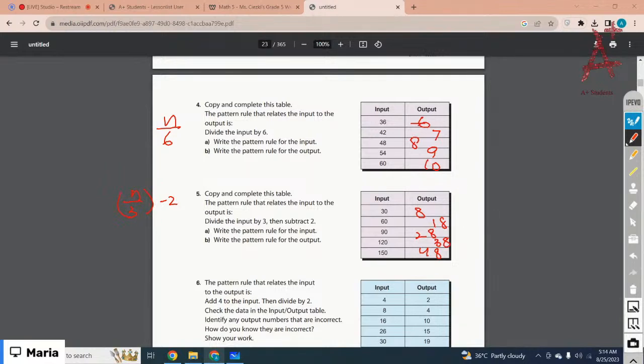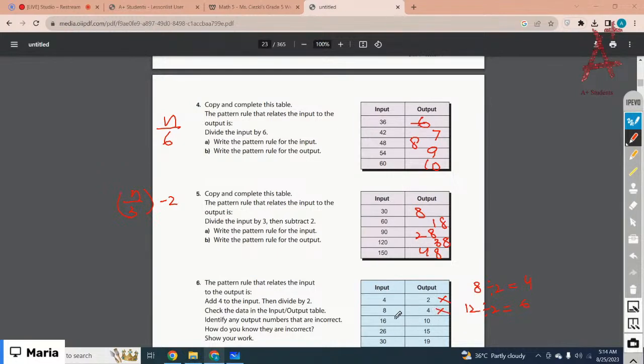Okay, let's do question number 6. The pattern rule that relates the input to the output is add 4 to the input, then divide by 2. Check the data, okay? Add 4 to input. 4 plus 4 is 8 and 8 divided by 2 is 4. No, not correct. 8 plus 4 is 12 and 12 divided by 2 is 6.